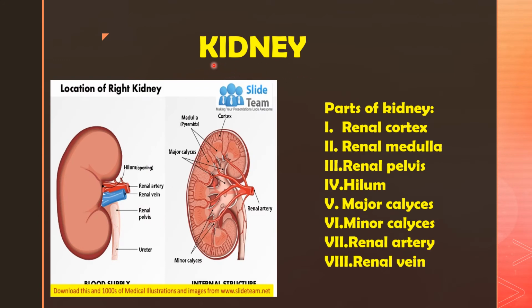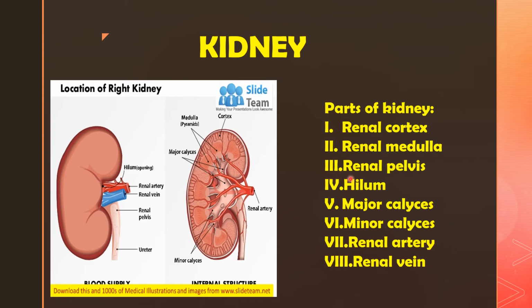Now the first part of the excretory system is the kidney. Parts of the kidney. First one, renal cortex. This is the outer portion of the kidney, that is called renal cortex. Next one, renal medulla, the inner portion of the kidney.